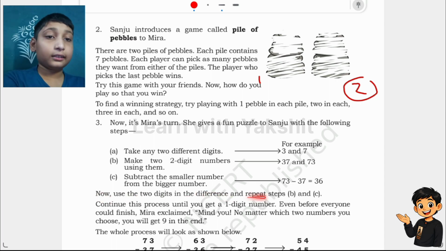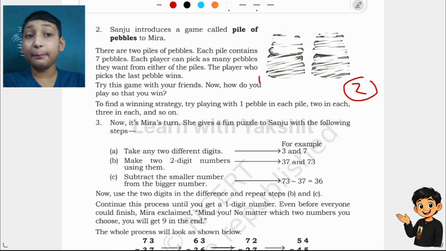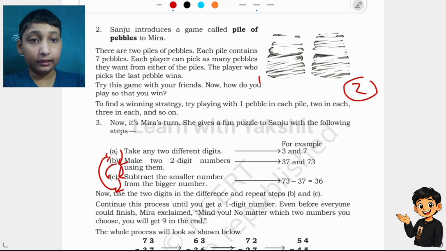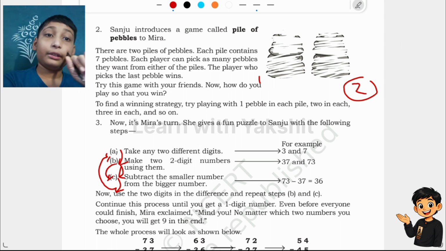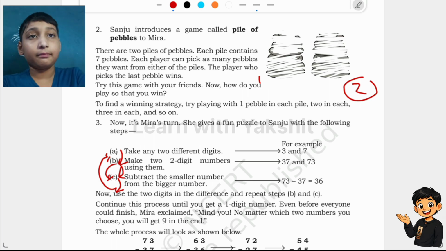Now use the two digits in the difference and repeat steps B and C. Meaning, how does the pattern work? Firstly there is A, and B, and then C, and that leads us to B and then C again, and we were already there.